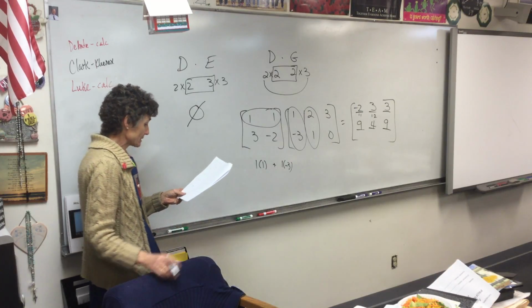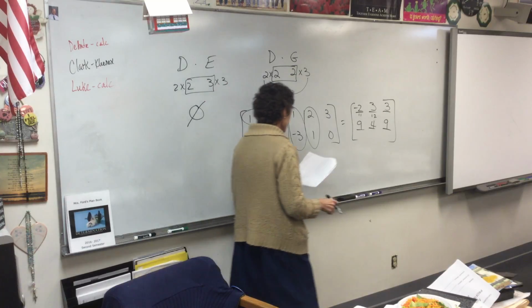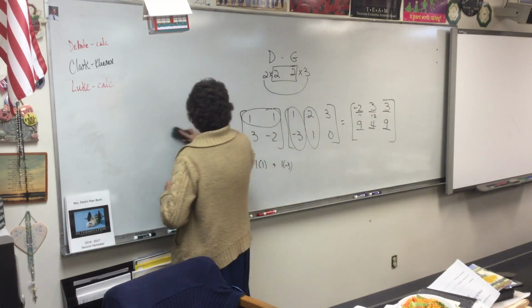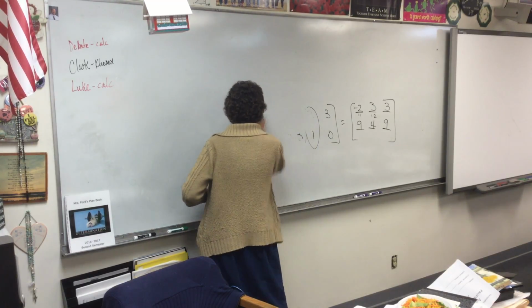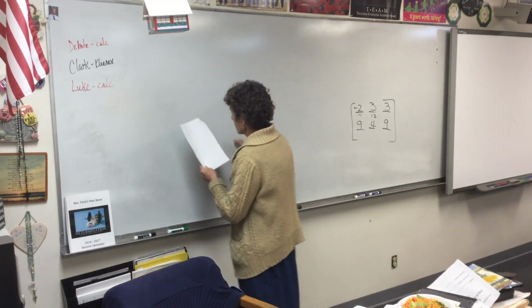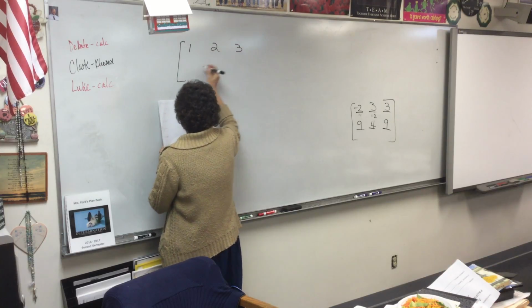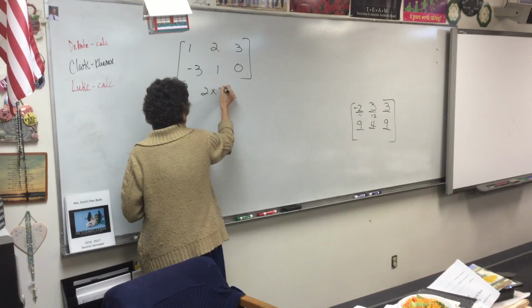All right, there's one more example. Oh no, I guess there's 2 more. But here, let's do GE. We're going to multiply G times E. What are the dimensions of G? 2 by 3. Here's G, and his dimensions are 2 by 3.